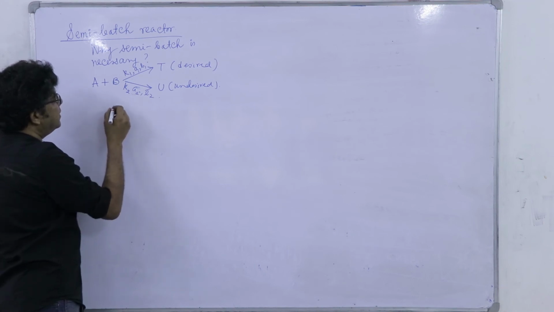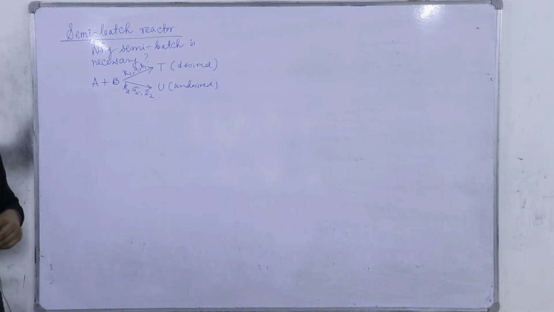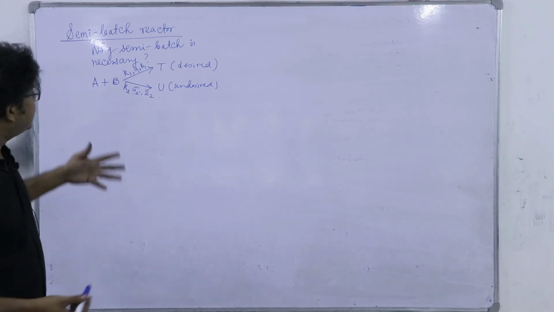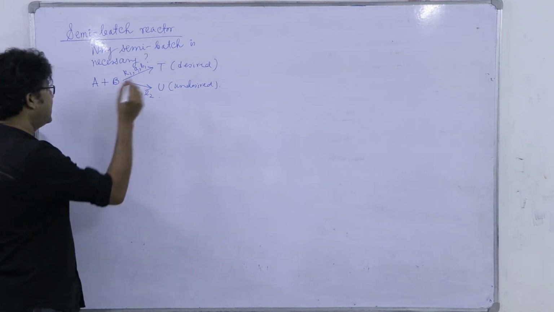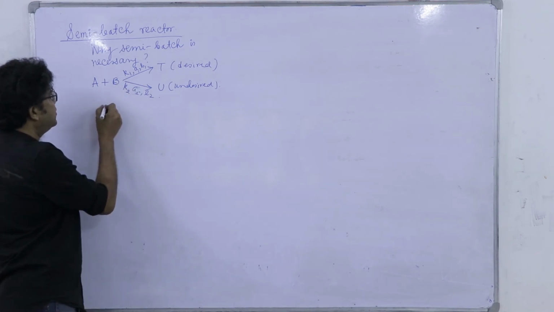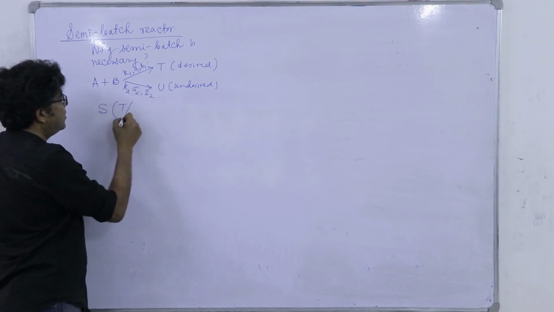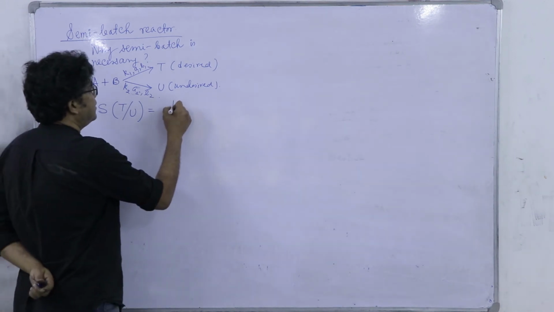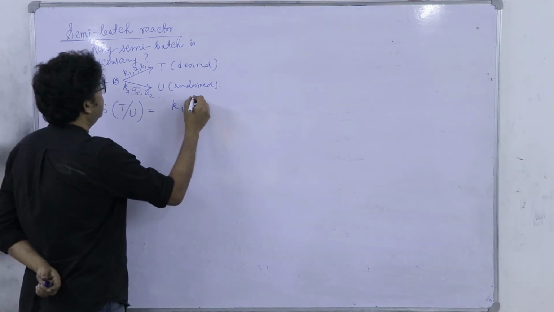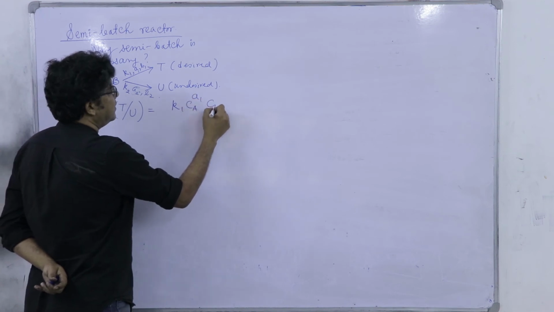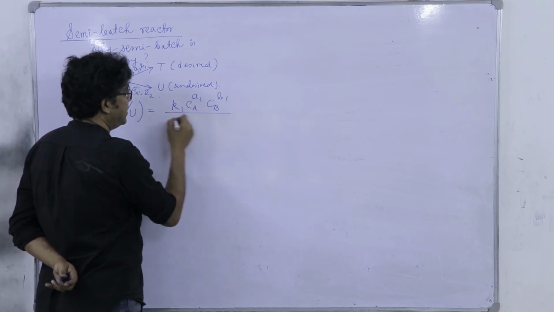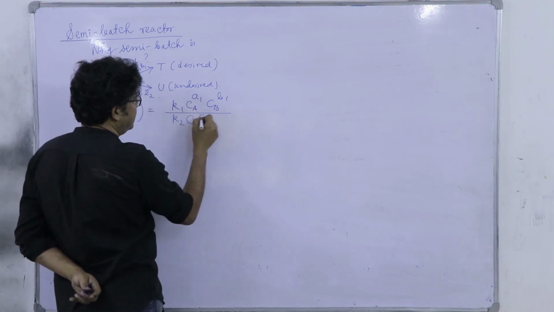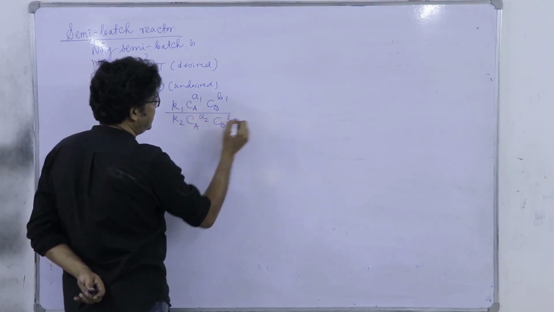So, this overall yield of T with respect to U, or selectivity of T with respect to U, is K1 Ca to the power A1 Cb to the power B1 divided by K2 Ca to the power A2 into Cb to the power B2.